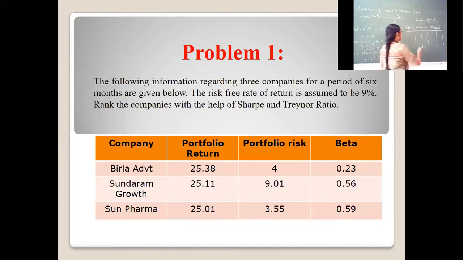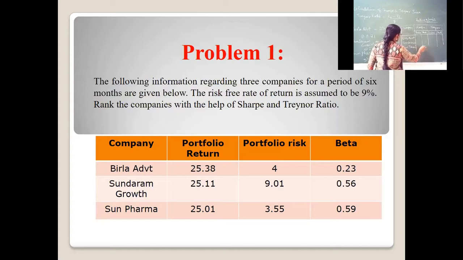According to Sharpe, I will write the index and the rank, and also according to Treynor, we will write the index that we have got and rank it out. So in the company column, I have three companies: Birla Advantage, then Sundaram Growth, and at last Sun Pharma.